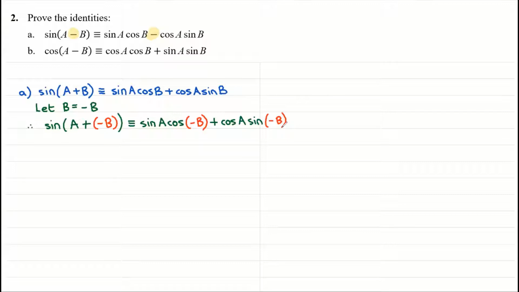So the question is, on the right-hand side, how do we get from the cosine of negative b here and the sine of negative b here, with the only resulting change being this positive becoming the negative that we can see clearly in 2a that's given to us? We're going to explore that in a second.